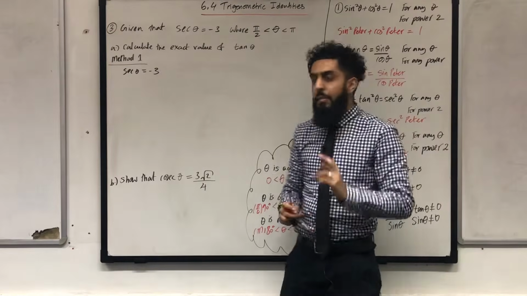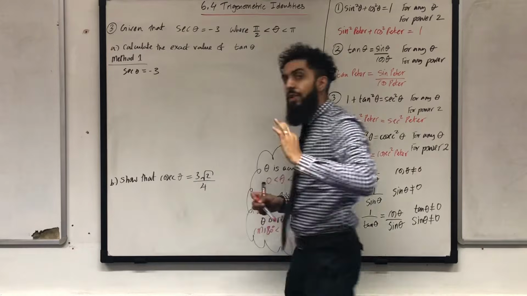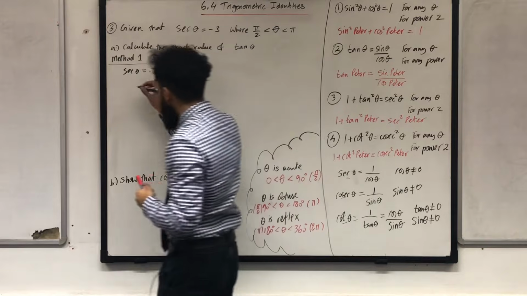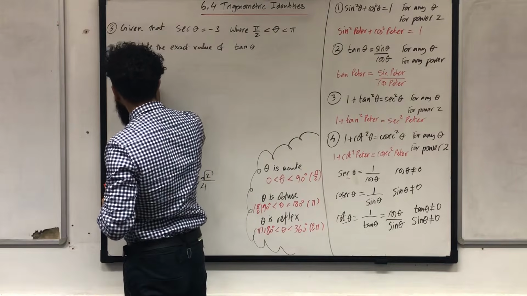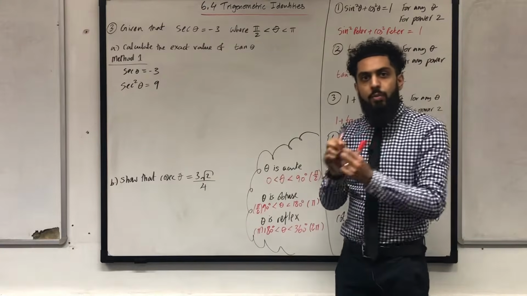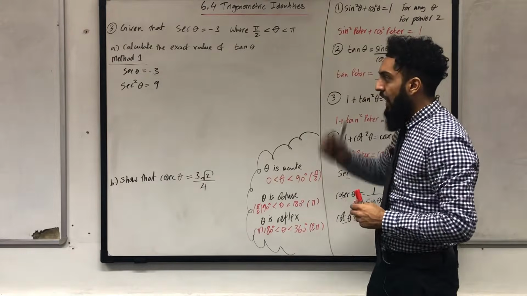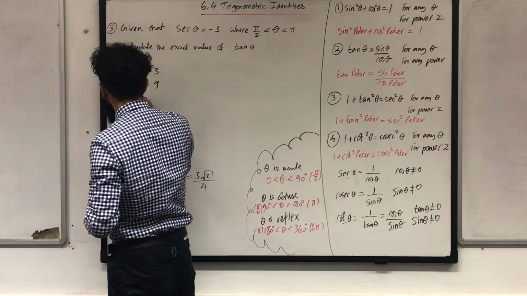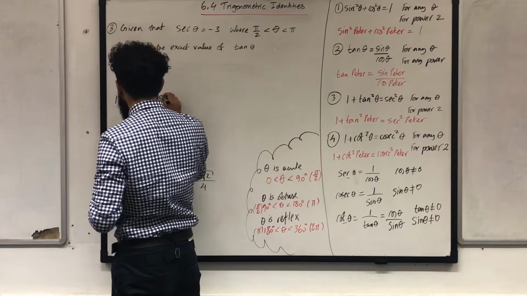The very first step is to square both sides in order to apply this particular identity. So if I square both sides, I get sec squared theta equal to 9. Now sec squared theta is just 1 plus tan squared theta. So I can replace sec squared theta with 1 plus tan squared theta equal to 9.